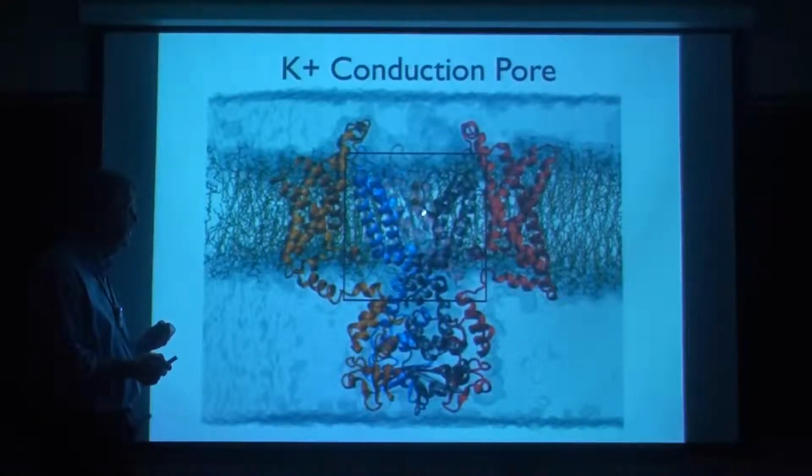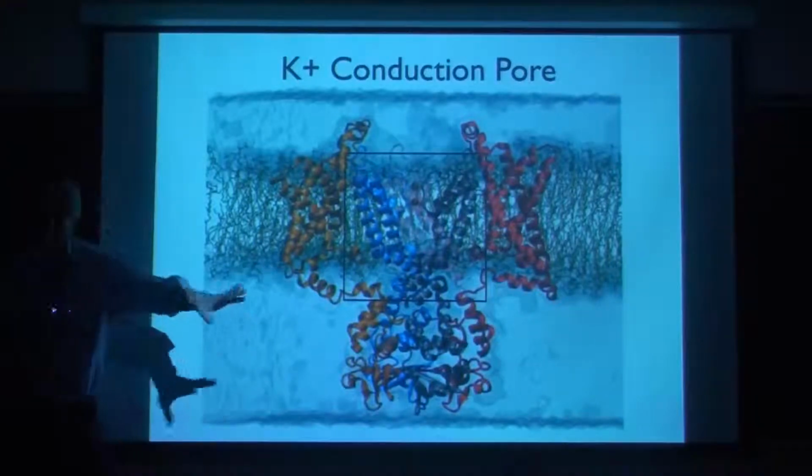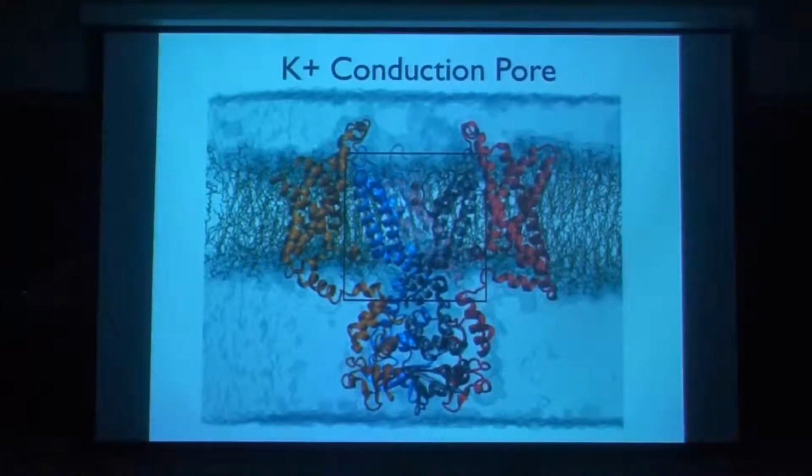So you reach this through a very costly architecture. This is a high energy region of the protein that is compensated at other places in the protein, so that the overall energy is favorable, but this particular piece is unfavorable. But it does this very important function of selecting for this channel only potassium ions.